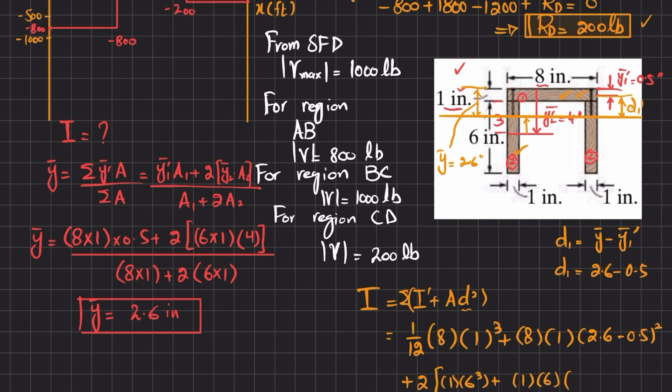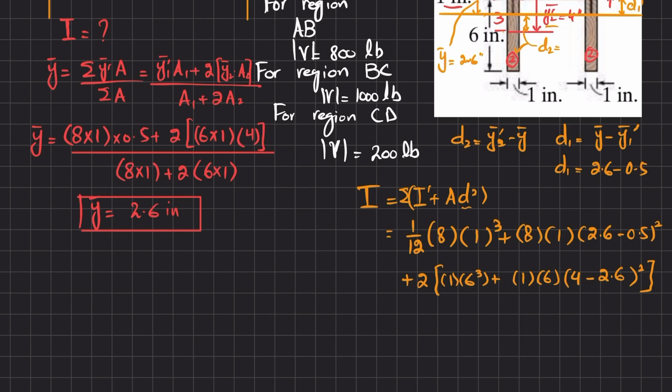So this is d2, and you can see d2 is equal to y2 dash bar minus y dash. Since y2 dash is 4 inch and y dash is 2.6 inch, that gives d square. Now when you solve this, you will get the moment of inertia I equal to 95.47 inch power 4.